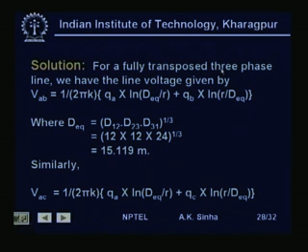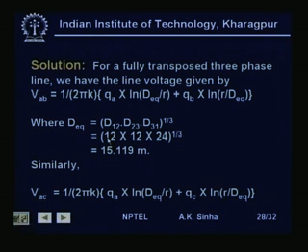So, we have the fully transposed 3-phase line. The voltage is given by the relationship VAB is equal to 1 by 2 pi epsilon, I am sorry, this is epsilon, into QA into ln DEQ by R plus QB into ln R by DEQ, where DEQ is equal to D12 into D23 into D31 to the power 1 by 3, that is cube root of D12 D23 D31.